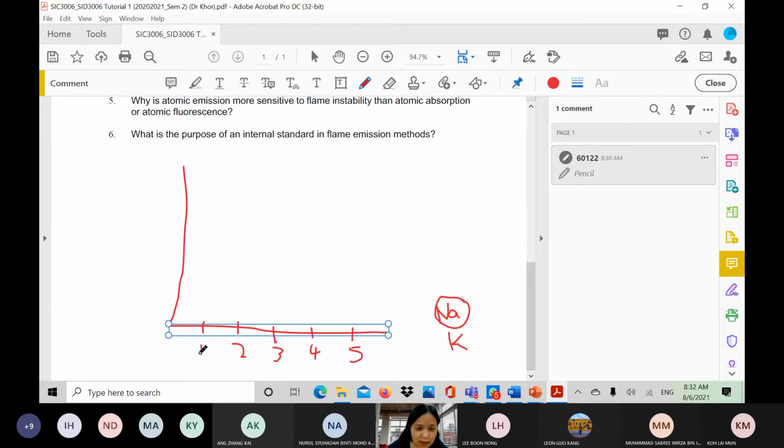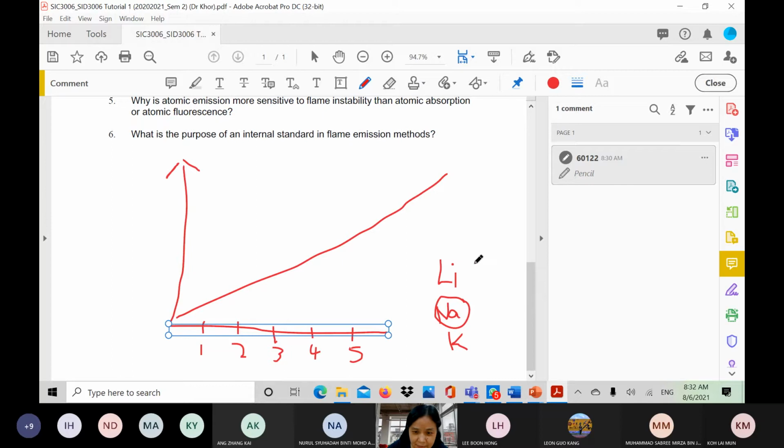So when the concentration increases, if the temperature is good enough to let the ground state neutral atom get excited to the excited state, when it relaxes to the ground state, it emits radiation. So the intensity of this emission line is proportional to the concentration of this target analyte, the sodium.